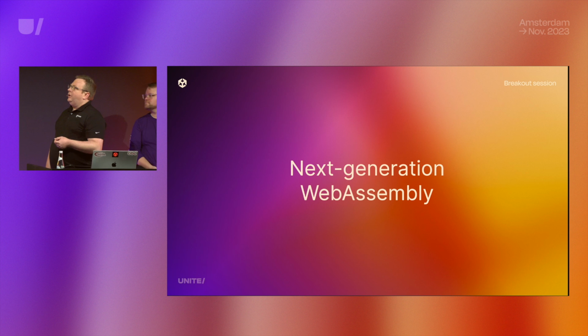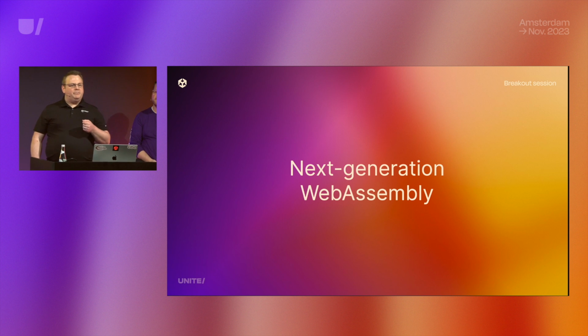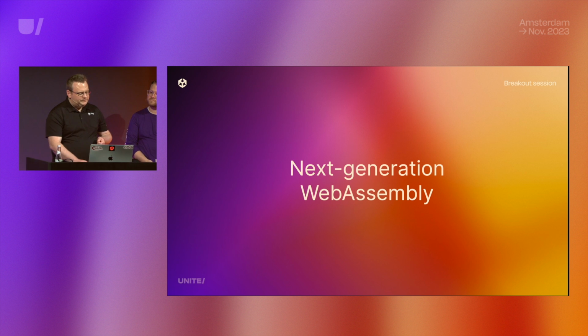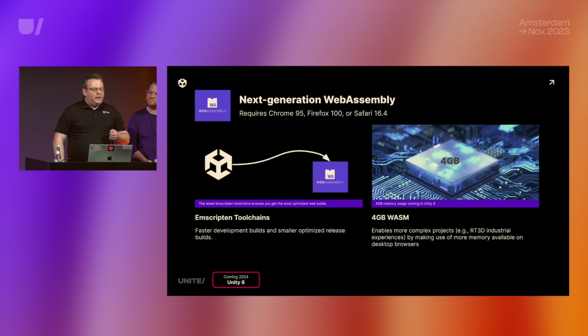So that WebAssembly technology that we talked about, this is really foundational for how we can run Unity games on the web. And as Ben says, gives us that near-native performance. This technology isn't standing still. And on the web, we're really grateful for the whole work that the web community does to advance and support these technologies.